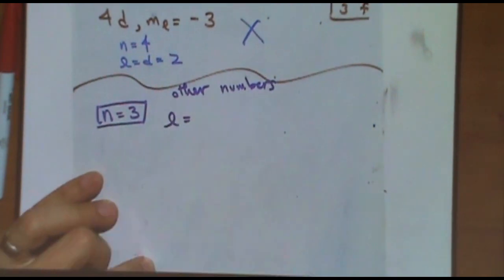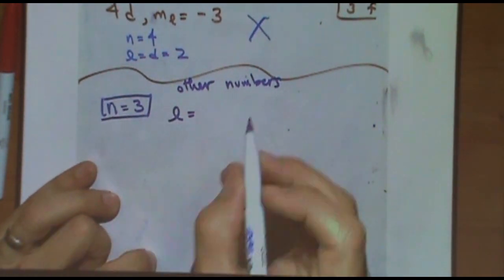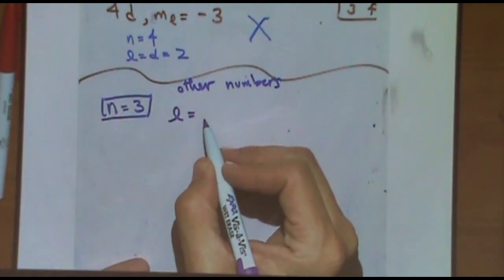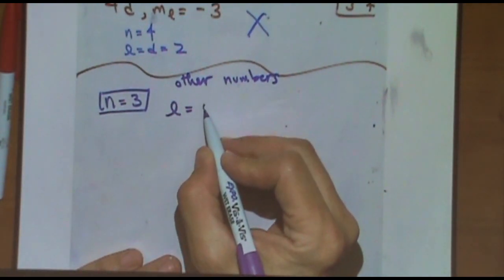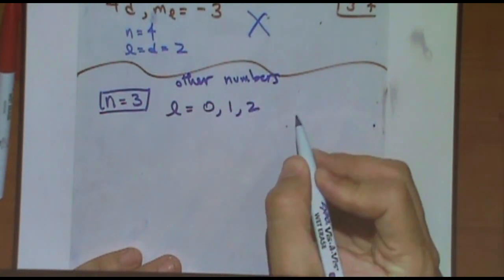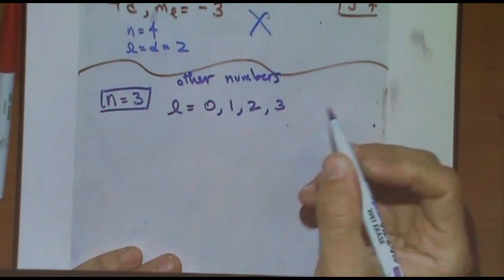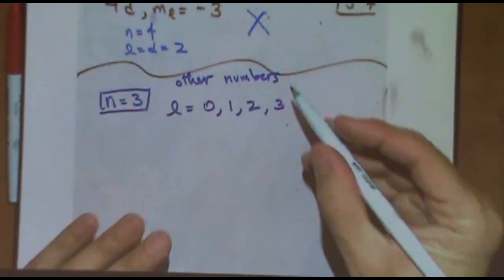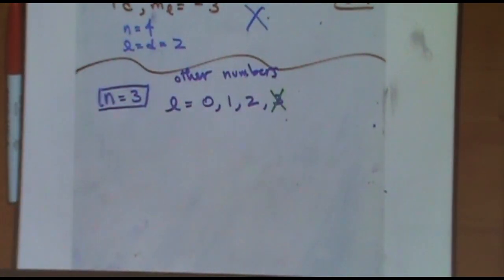So let's start with L. If n is 3, what's the smallest number L could be? 0. Yeah. Can it be 1? Yes. Can it be 2? Yes. 3? No, it can't be 3 because n and L can't be equal. Okay, so 0, 1, 2 are possible values for L.